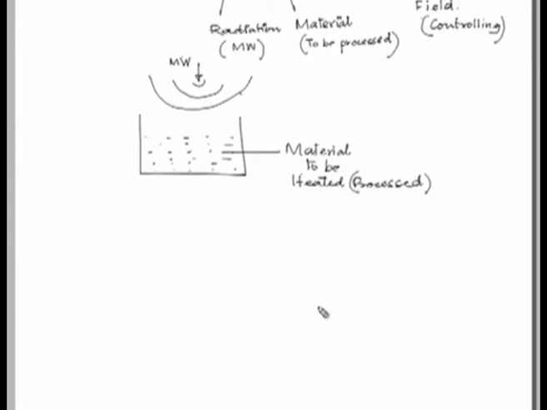Microwaves are falling on this material as well as on this material. That means both the materials are exposed to microwaves. But the significant thing is that it depends on the properties of these two materials. This is one material, say M1, and this is another material, M2. However, the properties of M1 are not equal to the properties of M2.